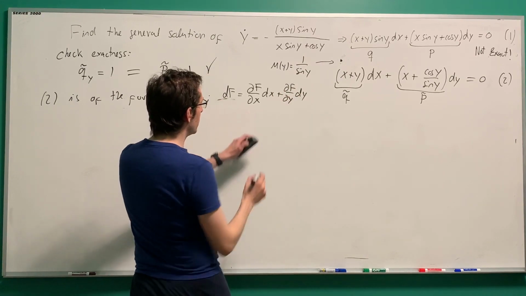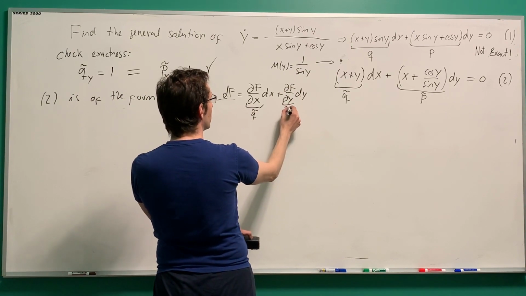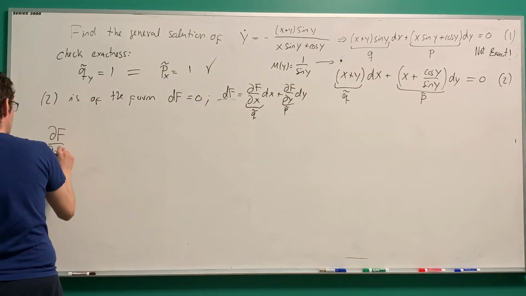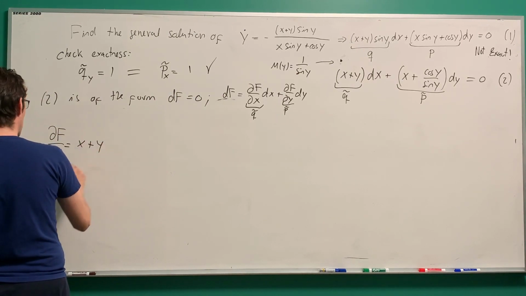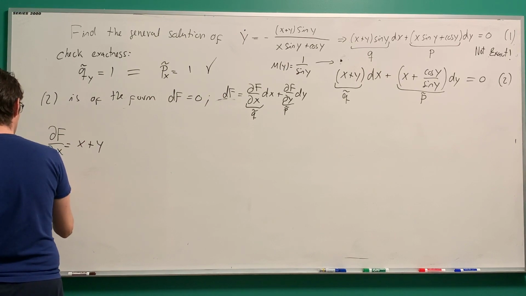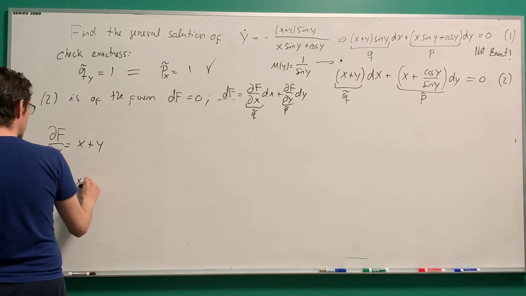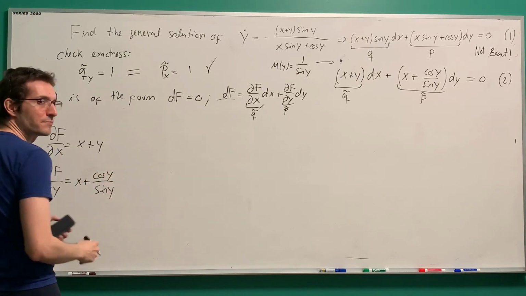So this thing we identify with q tilde, this thing we identify with p tilde, and then we can write that partial f, partial x is q tilde, which is x plus y, and partial f, partial y is p tilde, that is x plus cosine y divided by sine y.